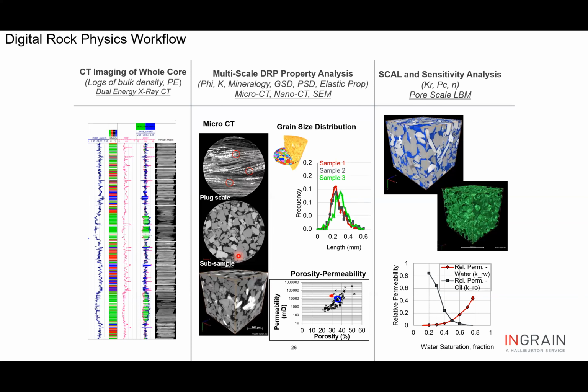And then using both of this data, we can build those three-dimensional digital rocks within our computer, and we can run multiple different scenarios or sensitivities for understanding permeability, relative permeability, or sensitivity measurements, varying your wettability, and all these simulations can be done.